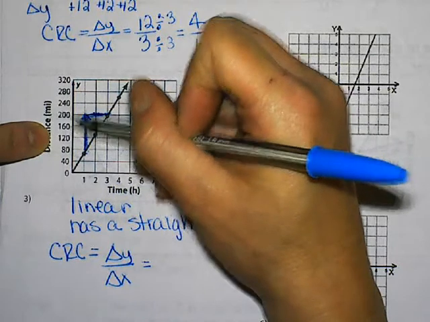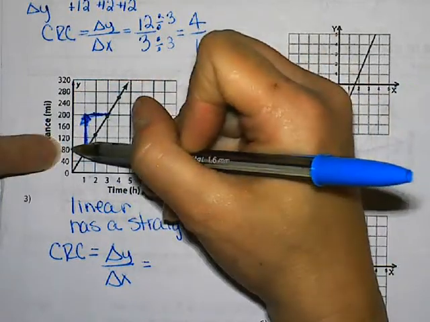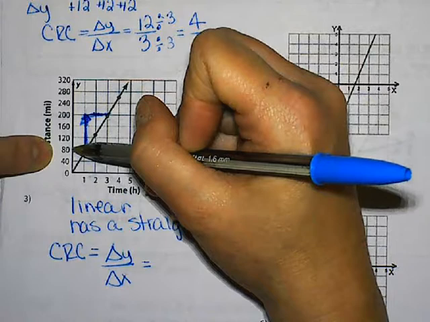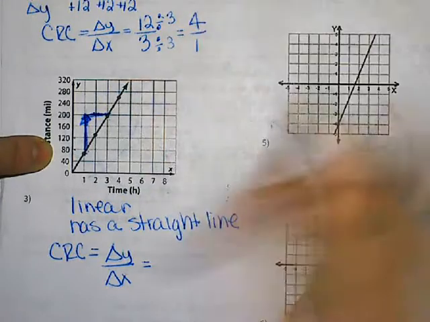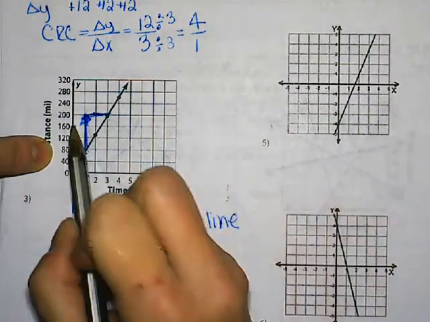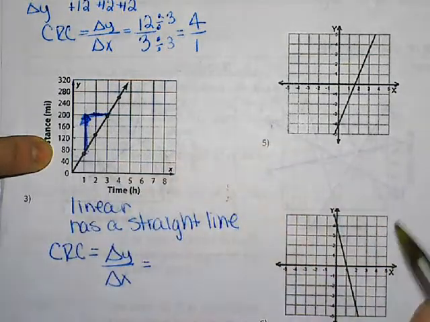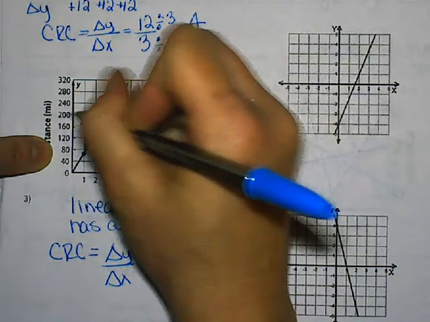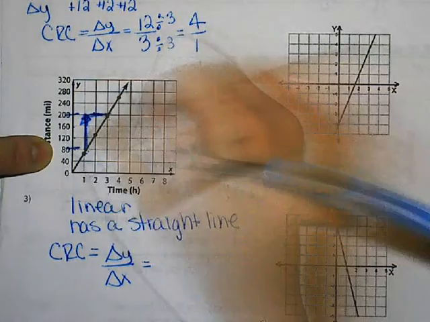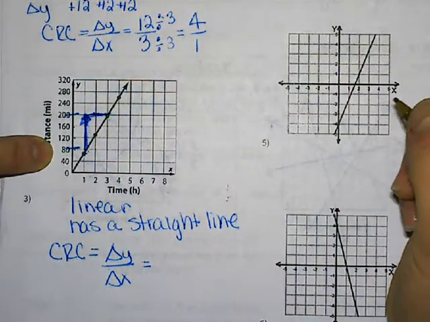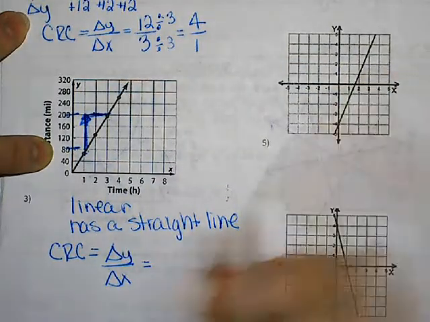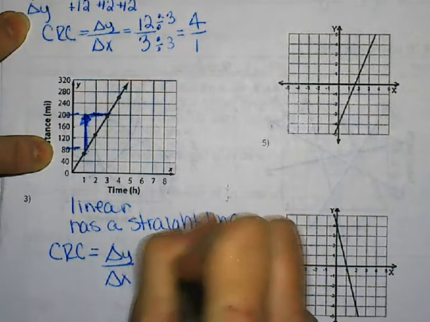You make sure your numbers are counting. This goes up by 40, so that's 40, 80, and 120. So my change in y from here to here is actually 140. So I'm going up 140.